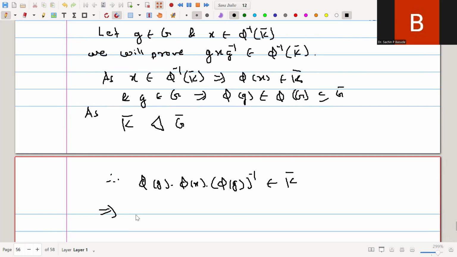You can write this as phi of g into phi of x into phi of g inverse.